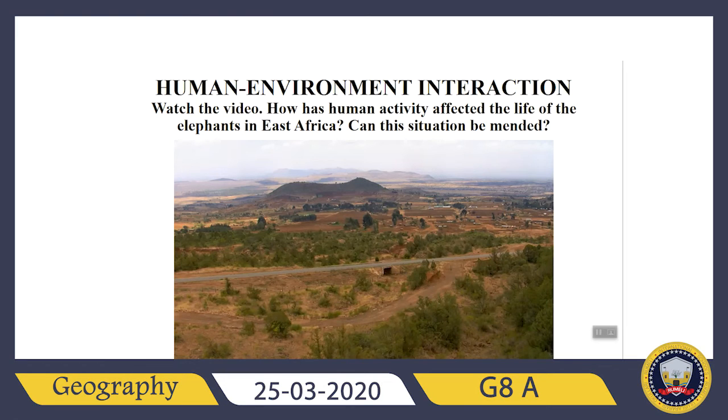Okay, so if before elephants were traveling almost all across the continent, going south and north, and if there was drought in some area they could go to another area where it was wet and rainy and they could feed there. So now with all those roads that people built, with all the farmlands and everything, elephants found themselves cut off in the area, and if the drought is there, they cannot go to any other places around the continent.